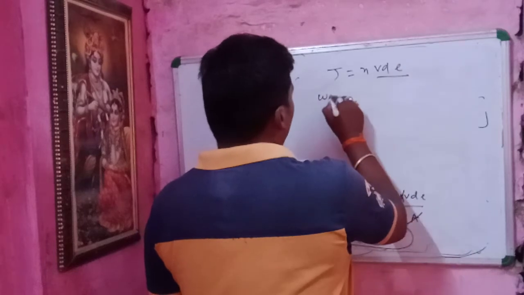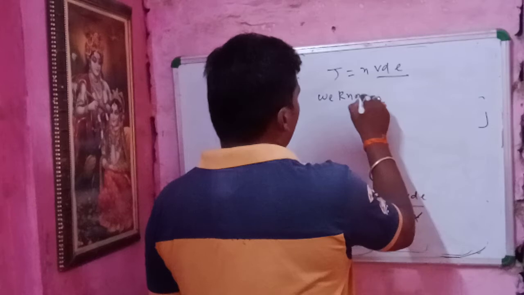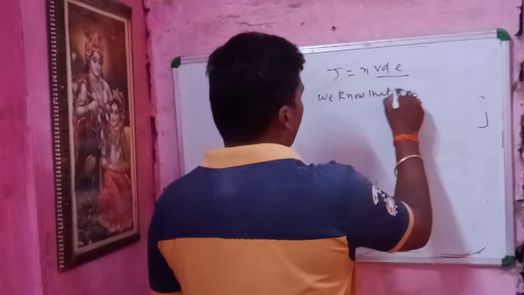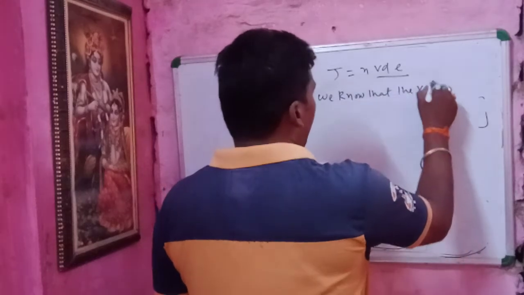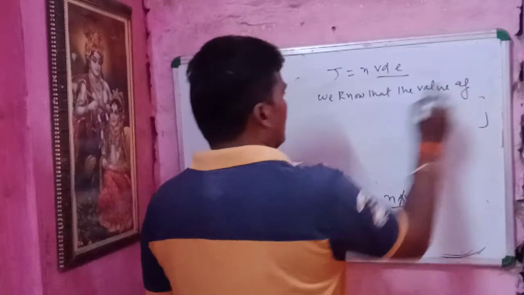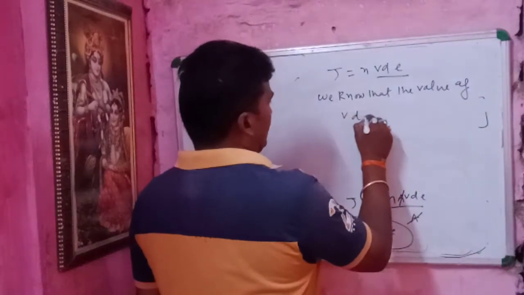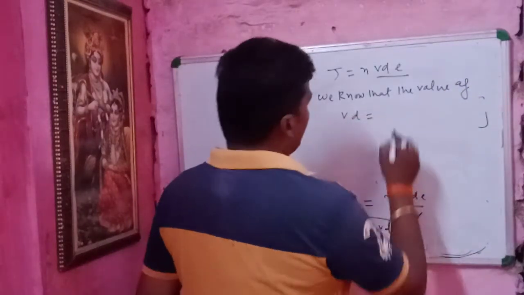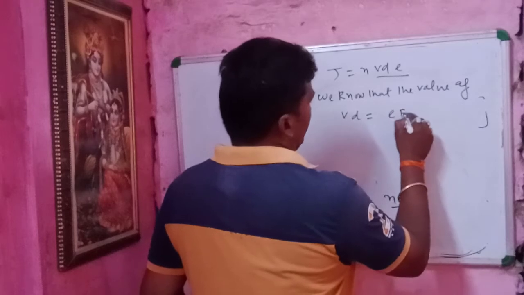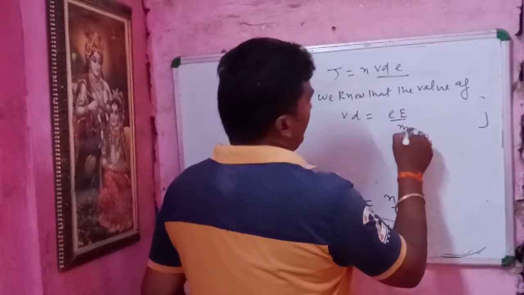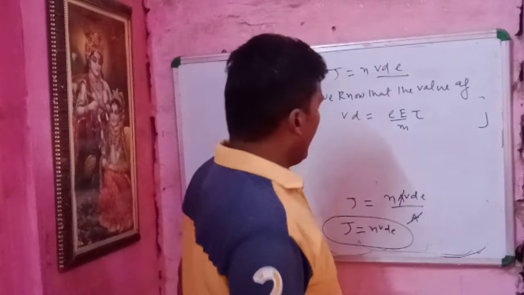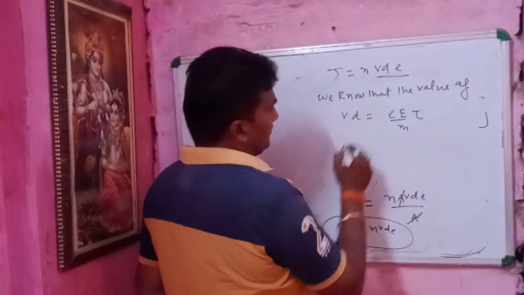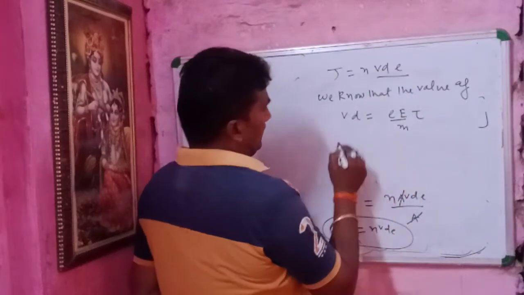We know that the drift velocity vd is equal to eE by m into tau, and we put the value of vd in the given equation.